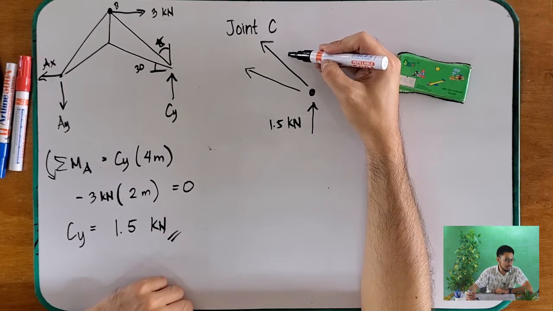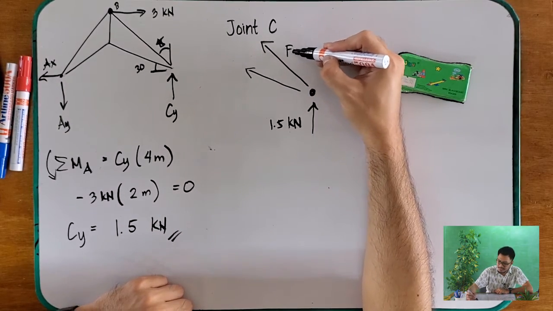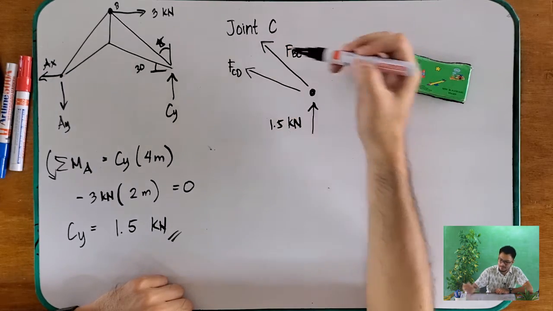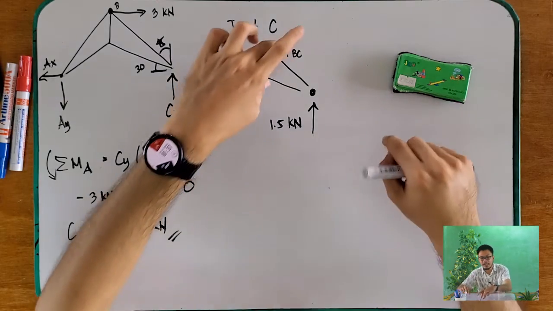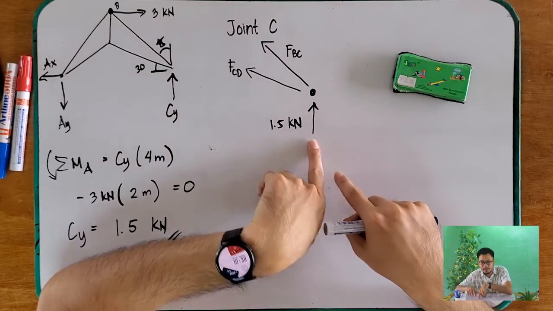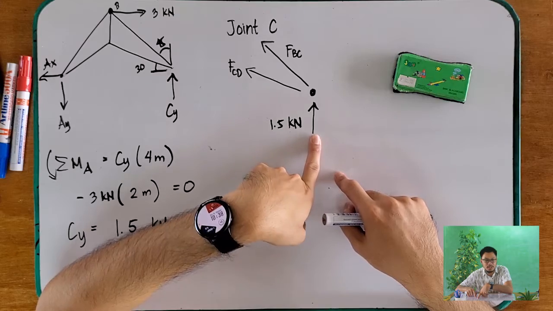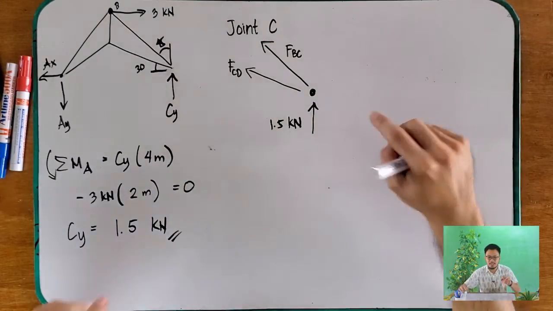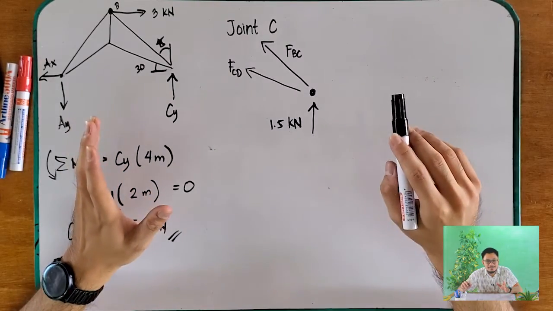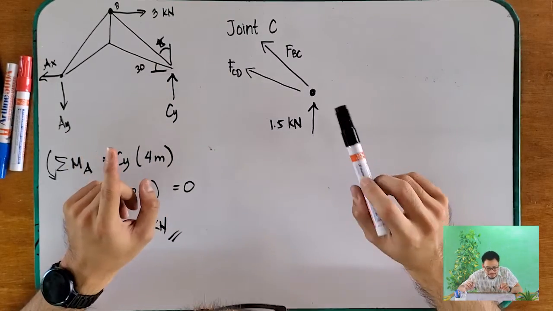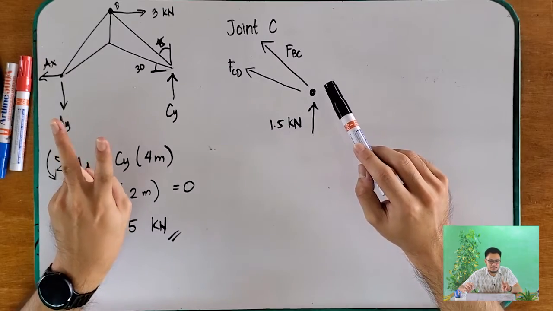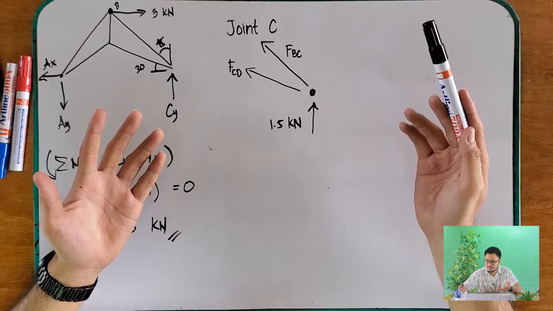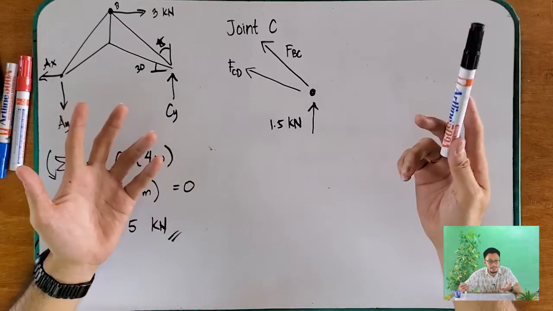And this is what you call your FBC and your FCD. And we have two unknowns, and we only have one known force. Can we solve this one? Yes, we can solve that one. Because all we need to have is two equations for two unknowns. And since we have two unknowns, then this can be delegated by our two equations.